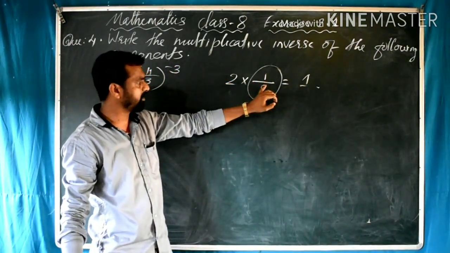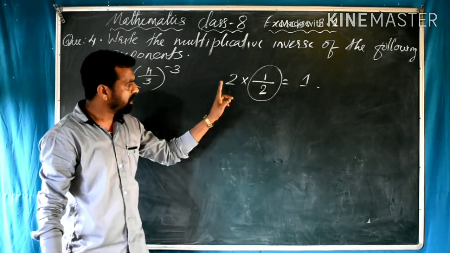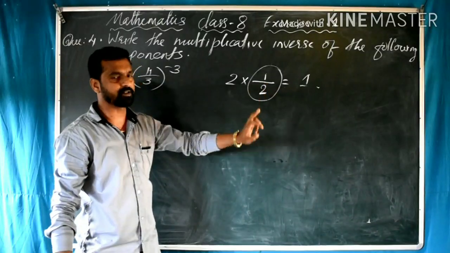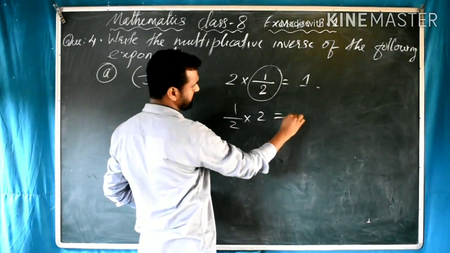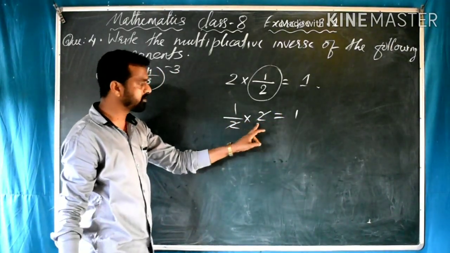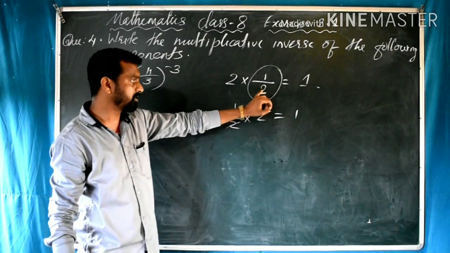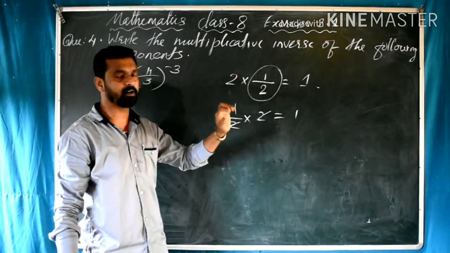Therefore we can say 1 by 2 is the multiplicative inverse of 2, or 2 is the multiplicative inverse of 1 by 2. That means 1 by 2 into 2 is equal to 1. We can cancel the 2, so it will come 1.